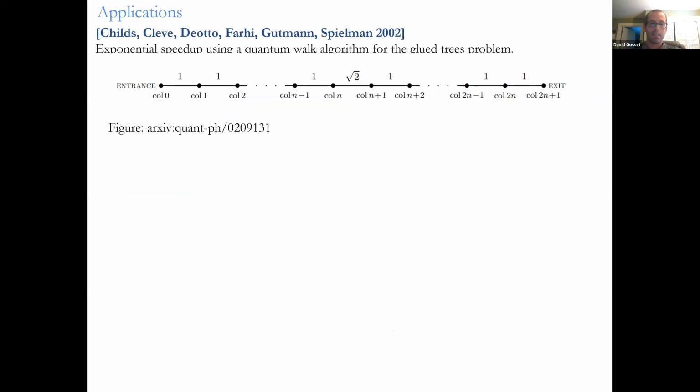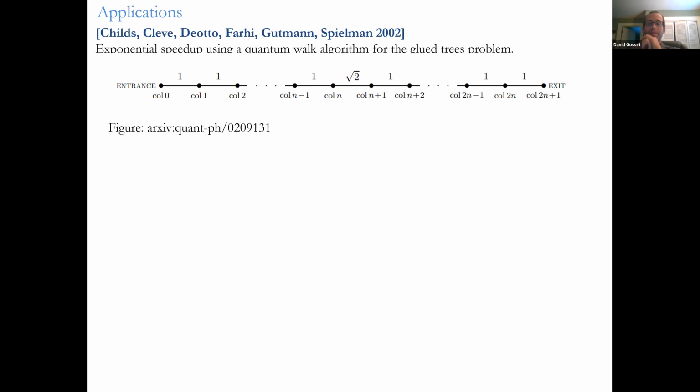But I do want to discuss some of the famous applications of this discrete version of scattering theory that appear in the literature. One of them is the famous paper that Ashwin spoke about in the previous talk, the exponential speedup for the glued trees problem using quantum walk. Ashwin was mostly discussing other aspects of that problem, but for the quantum walk algorithm, if you consider a quantum walk on the glued trees graph that Ashwin had in his talk, which I have not shown here, the quantum walk has a kind of symmetry.